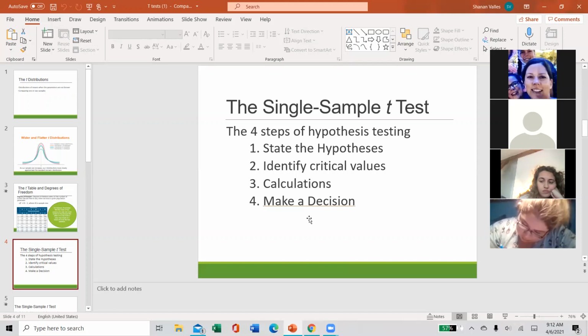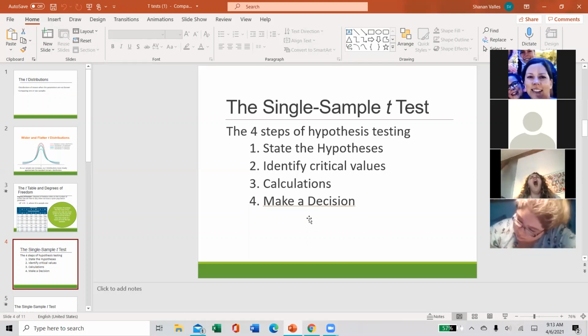I can't see off the top of my head how many steps he does, but that's all right. So we're going to go through 4, and when we do the 4 steps, it makes sure that you're doing everything you need to.